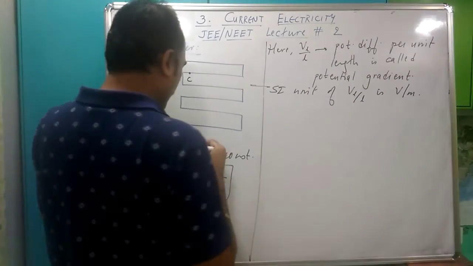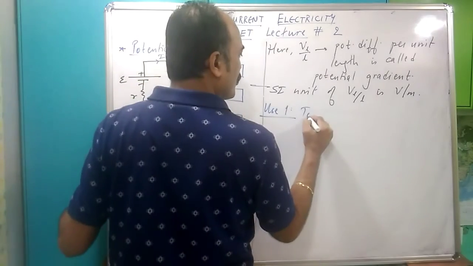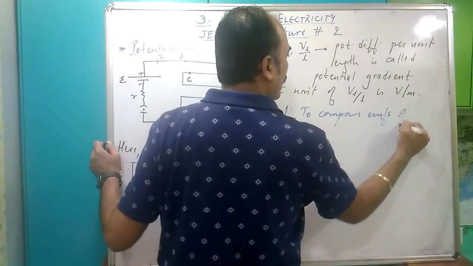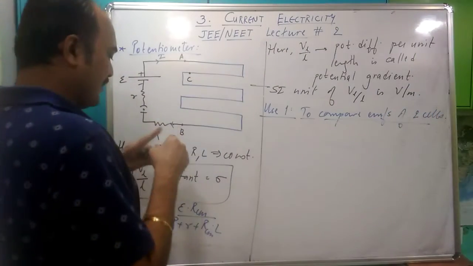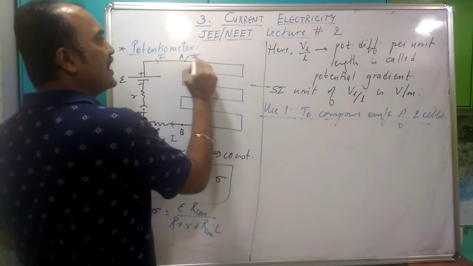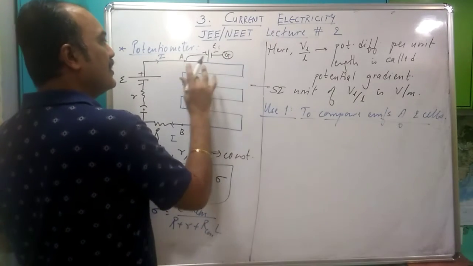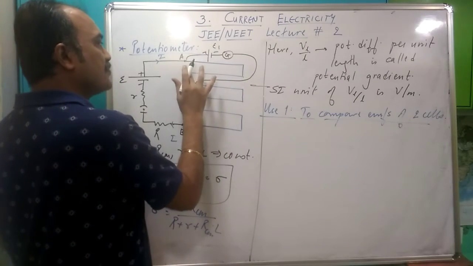Now, the use of a potentiometer wire. Use 1 is to compare EMFs of 2 cells. So how do you do that? First thing, we put a cell, let us say epsilon 1, and we take a galvanometer. Let's take this off, and we keep tapping the jockey at various points.